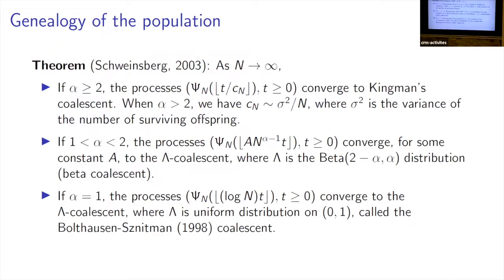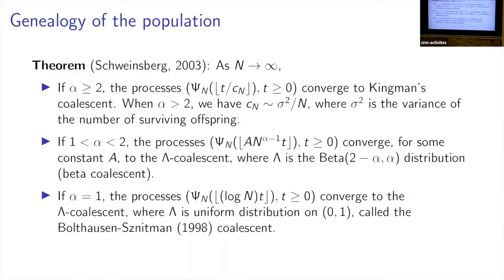Okay, so what can we say about the genealogy of the population as n tends to infinity? Well, if alpha is greater than or equal to 2, then large families are sufficiently rare that, just as in the Wright-Fisher model, the genealogy of the process is described by Kingman's coalescent. However, if alpha is between 1 and 2, then large families happen more often.